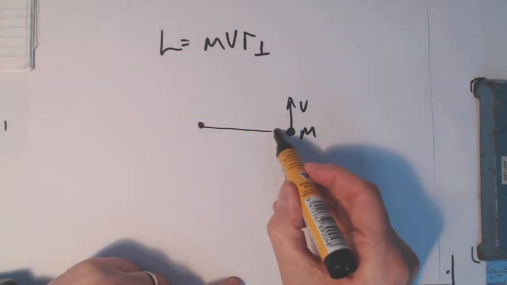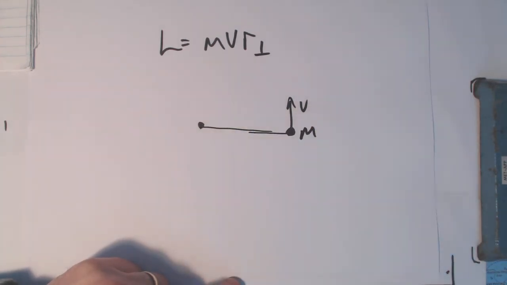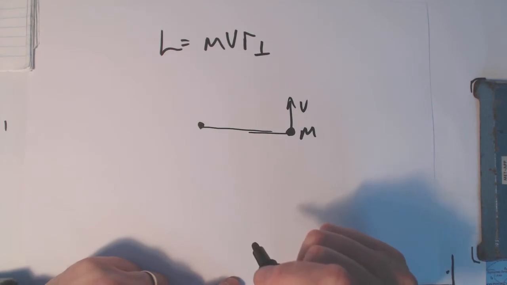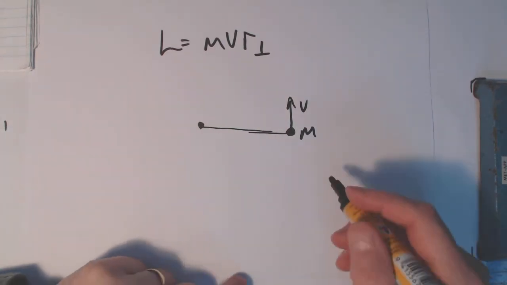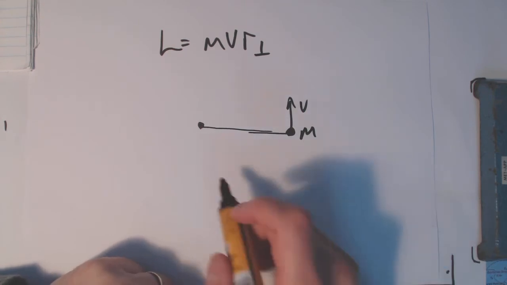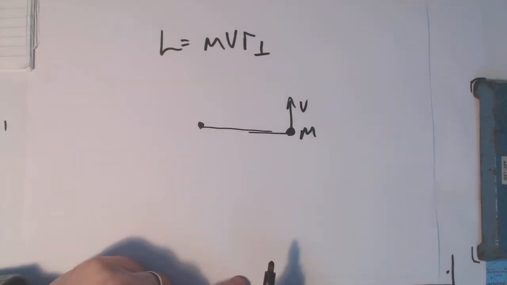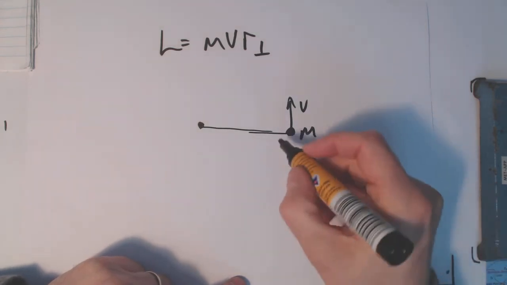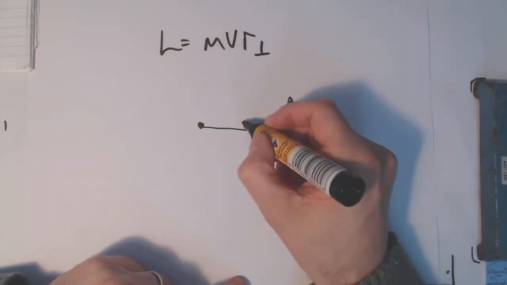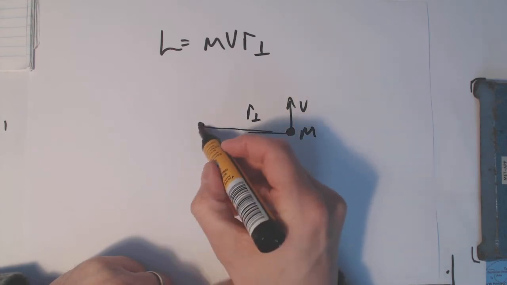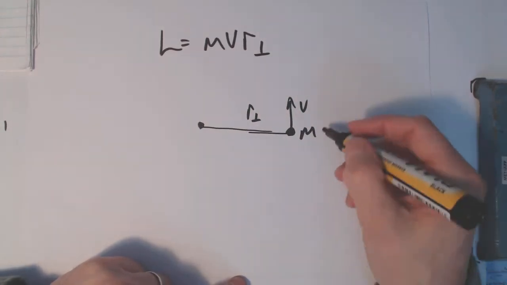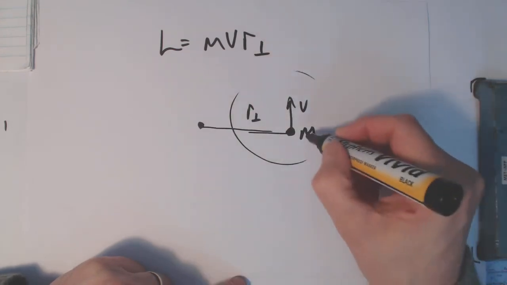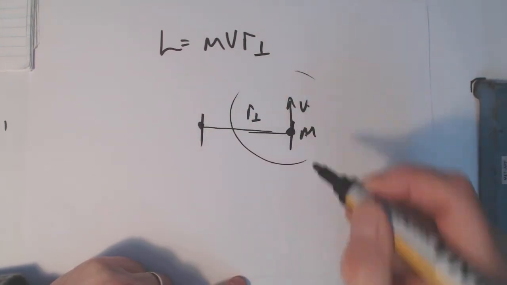What's this mass's angular momentum relative to that point there? What we would do is we'd say its angular momentum is equal to its mass times its velocity times r, the perpendicular distance between the center of rotation and the mass you're talking about. So to get this one's angular momentum, we just go mv times that distance.